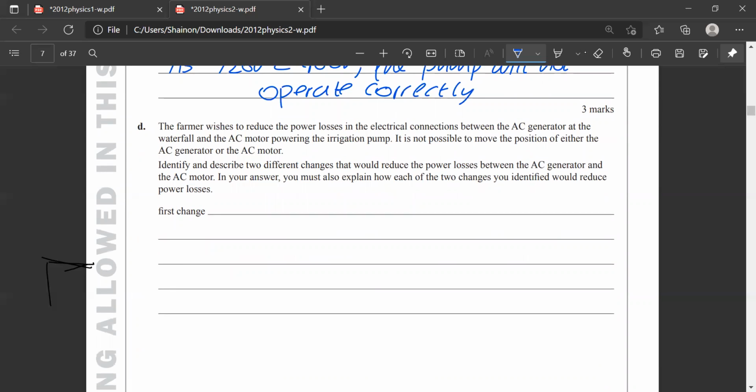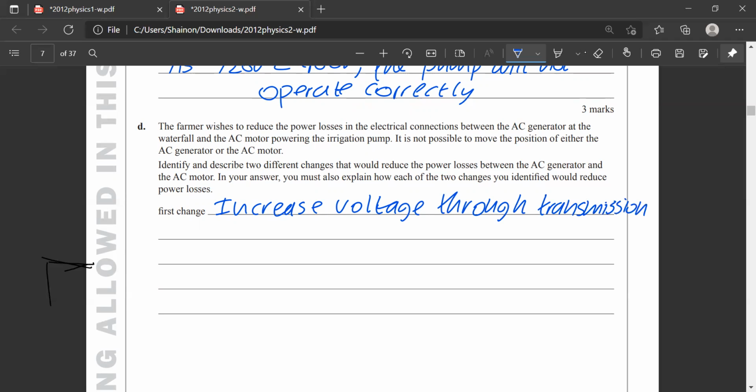Identify the two different changes. So you can either increase the voltage through the transmission lines, because this decreases the current, which decreases the P loss.